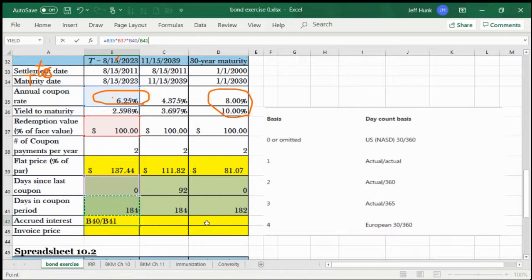Since the last coupon payment, 0 days have passed out of 184 days, which is half year. And obviously, there is no accrued interest, right? So there you go. Now, I will just paste it across, and then this one.